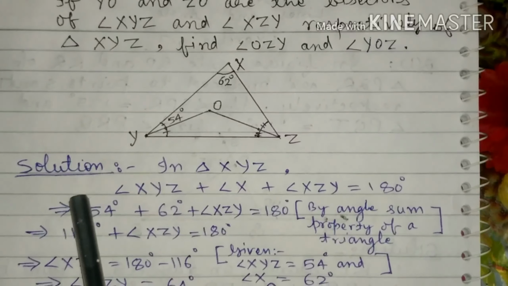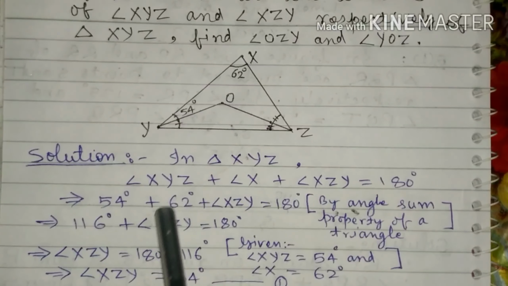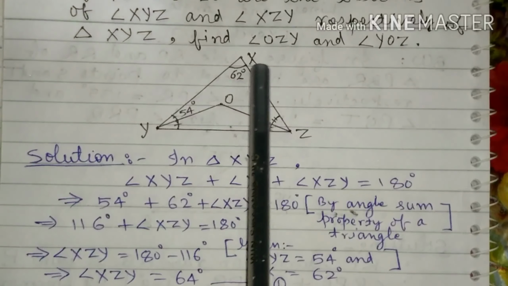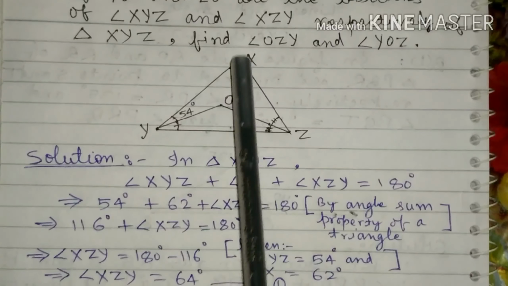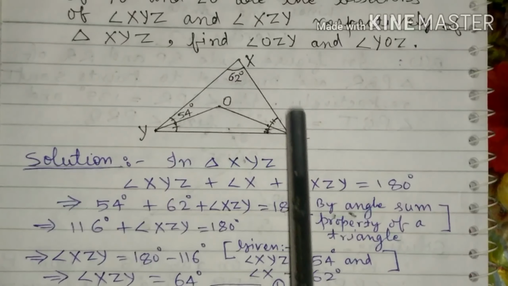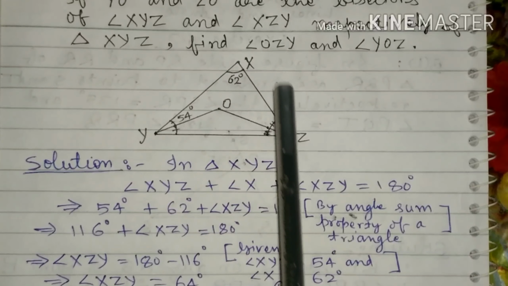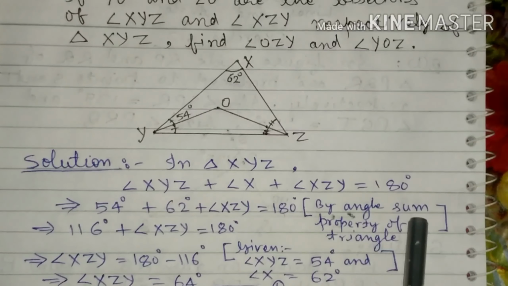For the solution of this question, in triangle XYZ, the sum of three angles is equal to 180 degrees. Therefore, angle XYZ plus angle X plus angle XZY, the sum of these three angles, is equal to 180 degrees by the angle sum property of a triangle.